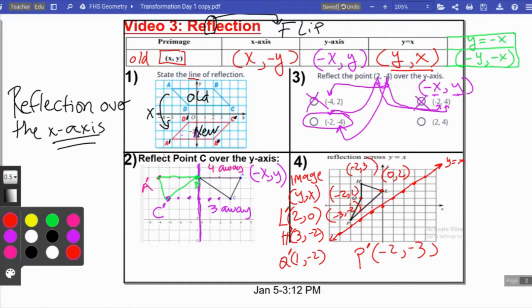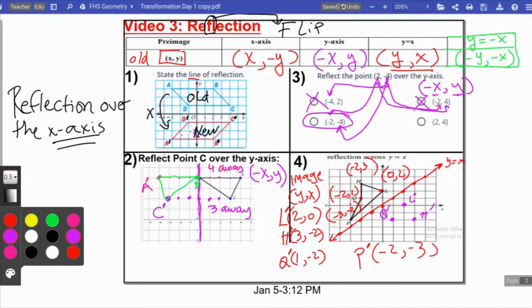And then you just graph these and it will be good, right? Let's graph them real fast. -2, 0, boom, L prime. 3, -2, boom, H prime. 1, -2, boom, Q prime.